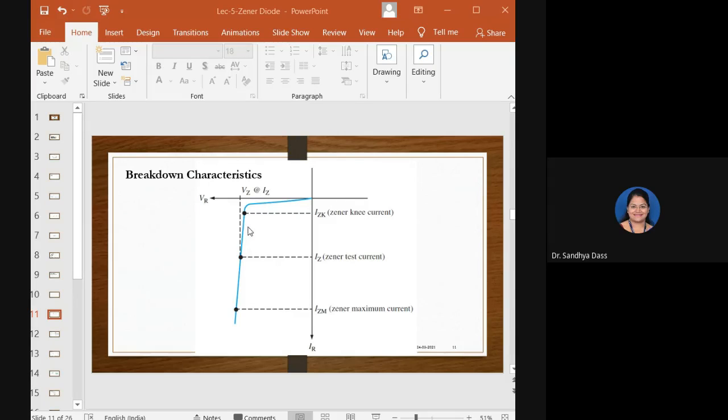Now if this reverse voltage is increased, the reverse current remains small up to the knee point. Observe the curve: up to the knee point, the current is very small. This current we call the Zener current, indicated as Iz. Till the reverse voltage reaches the knee point, the current will be very small.